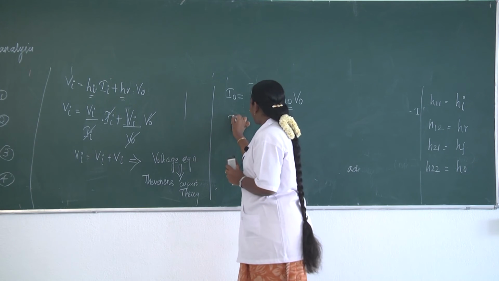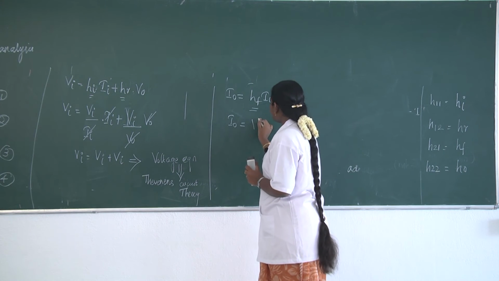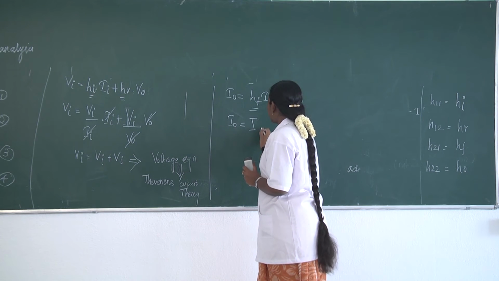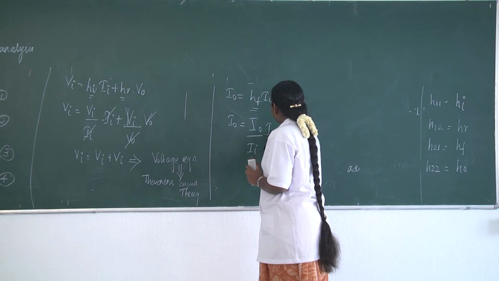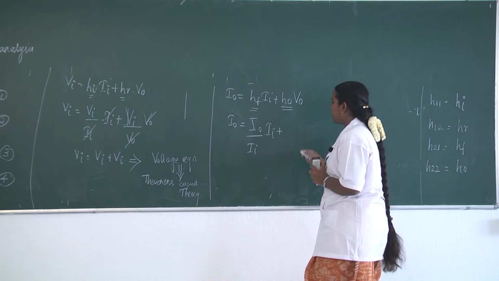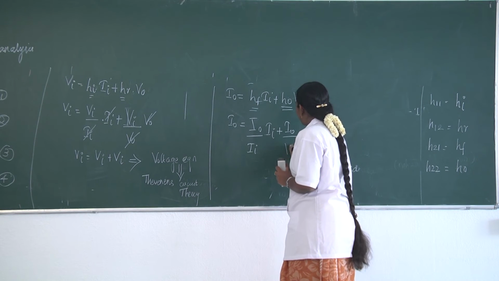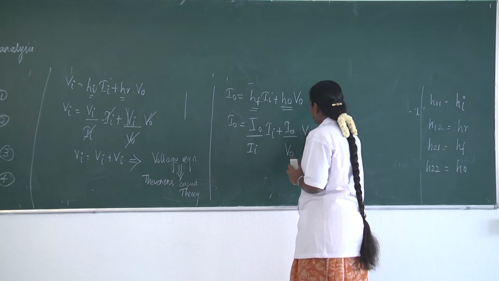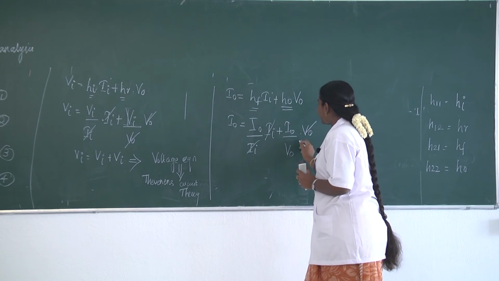First I0 is equal to, Hf is nothing but a ratio of current, so it is I0 divided by Ii, into Ii, plus the output admittance. We can write it in the form of I0 divided by V0, into V0. So I can cancel the terms Ii and Ii, and V0 and V0.